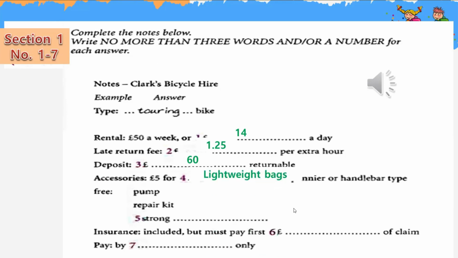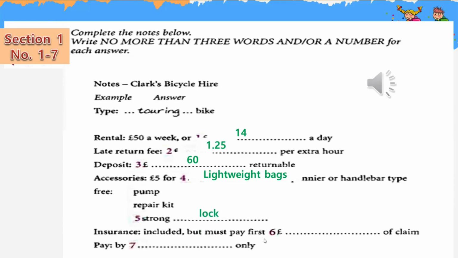This is the lightweight bags. And then continue for number 5. This is also a word. Here the statement will be, there is no charge for things like that, or for a lock. So the answer here is lock.